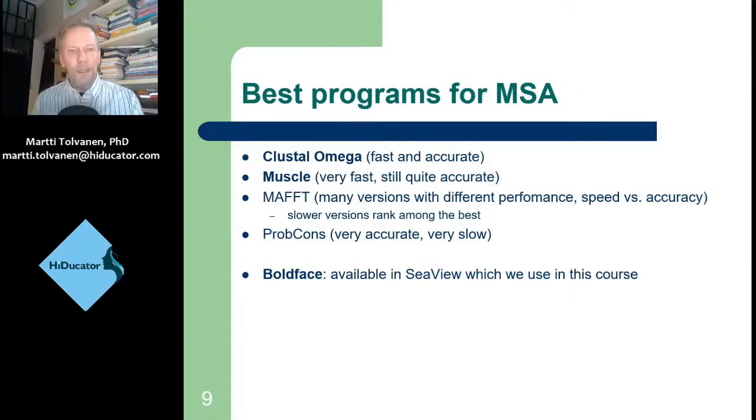And now to repeat the best algorithms and some of the pros and cons, we have Clustal Omega, which is another incarnation in a long series of algorithms actually originating from Ireland. Clustal Omega is fast and accurate, and it scales well to large amounts of sequences. There's another one called MUSCLE, which is still very fast and accurate, but then the other programs in the list suffer from slowness, so that when you are going to hundreds of sequences, you are not getting your results very quickly.